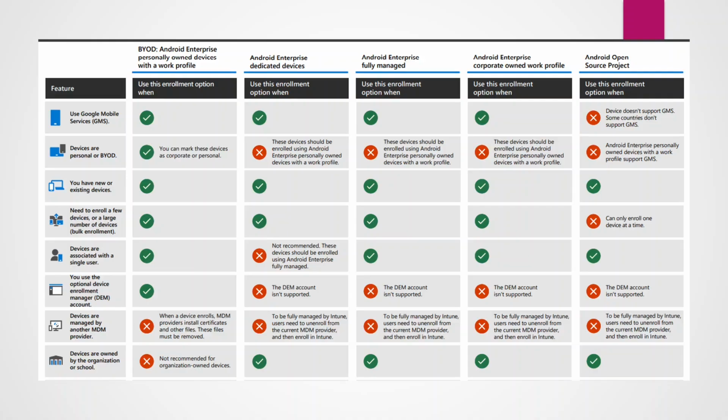Corporate owned devices with a work profile provide a balance between organizational control and personal use. The organization owns the device, but the user is permitted to use part of it for personal activities. The work profile separates business applications and information from the user's personal area.